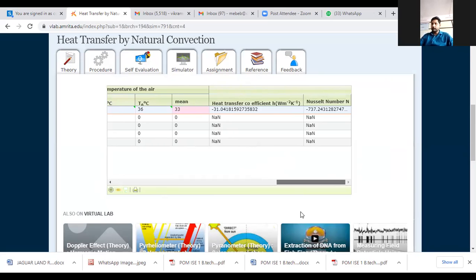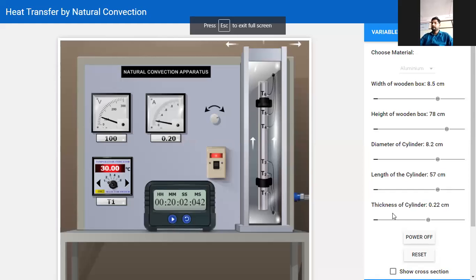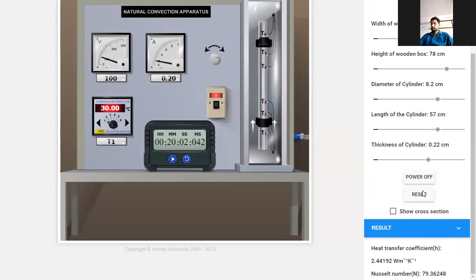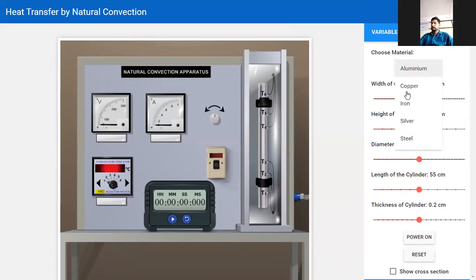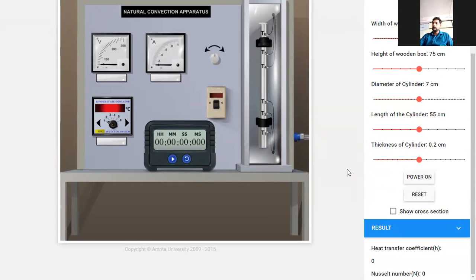Right, everything we have put up is correct. Now we will reset this. And if you select copper as the material, the tube will become a copper material. In this fashion you can do it for iron also, and silver also, and you can compare the results from the tabular format. Okay, you can compare the results from the table.